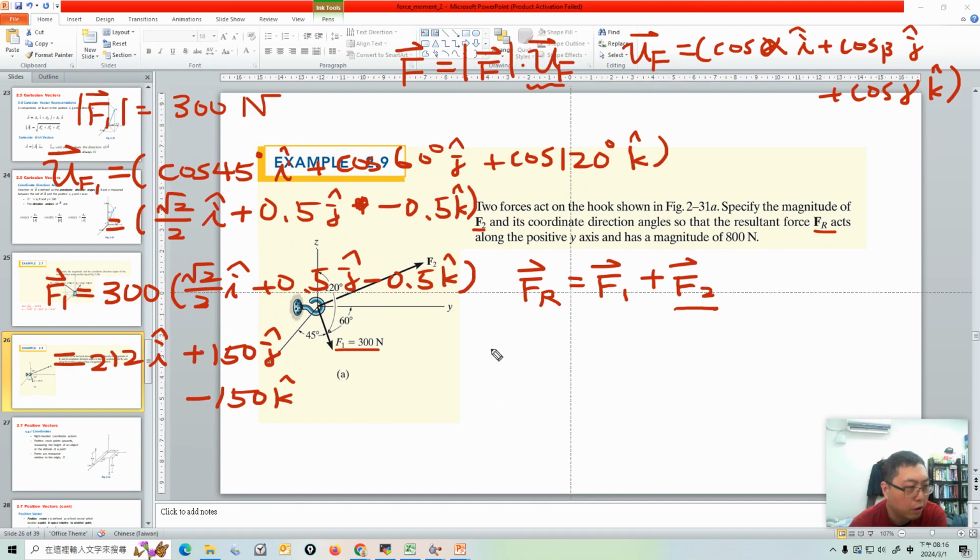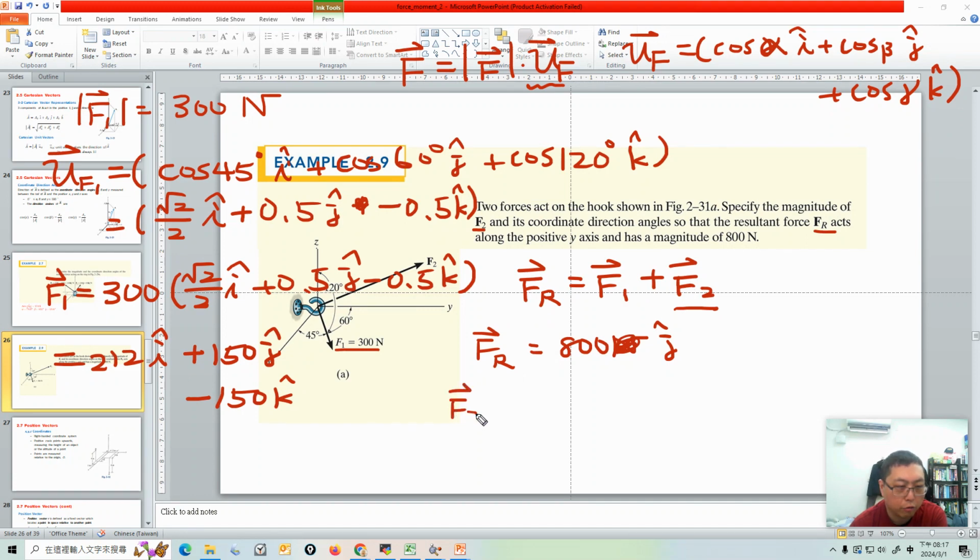Here Fr is 800 newtons and acts along the positive y-axis. Let's skip the unit first. It's the positive y-axis, so it's j. That's the resulting force vector. We have the resulting force vector and F1, so what's F2?